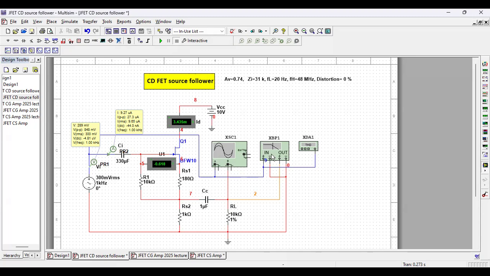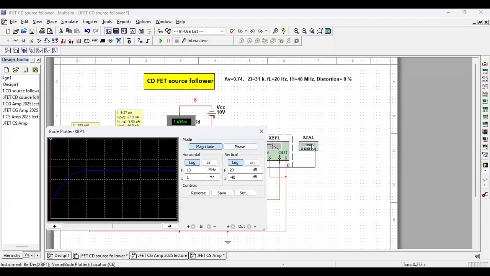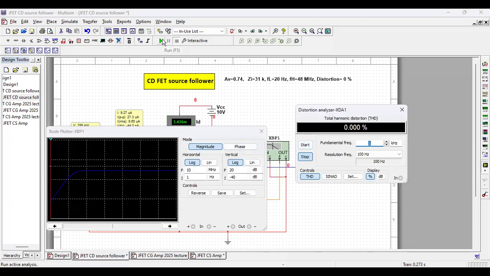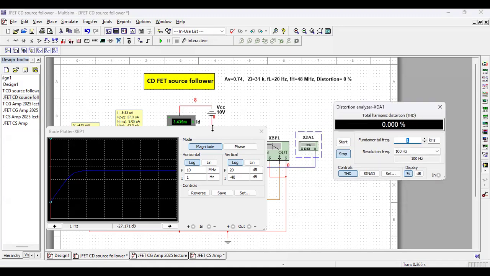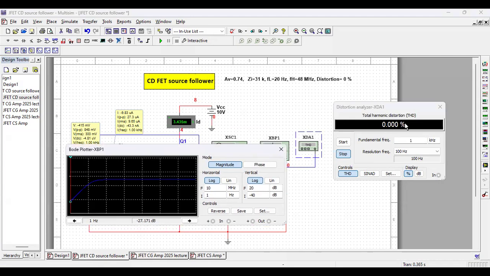And if I now run the frequency plot and distortion meter, here the distortion is surprisingly zero. That means these are the nitty-gritties of various configurations you have to remember.